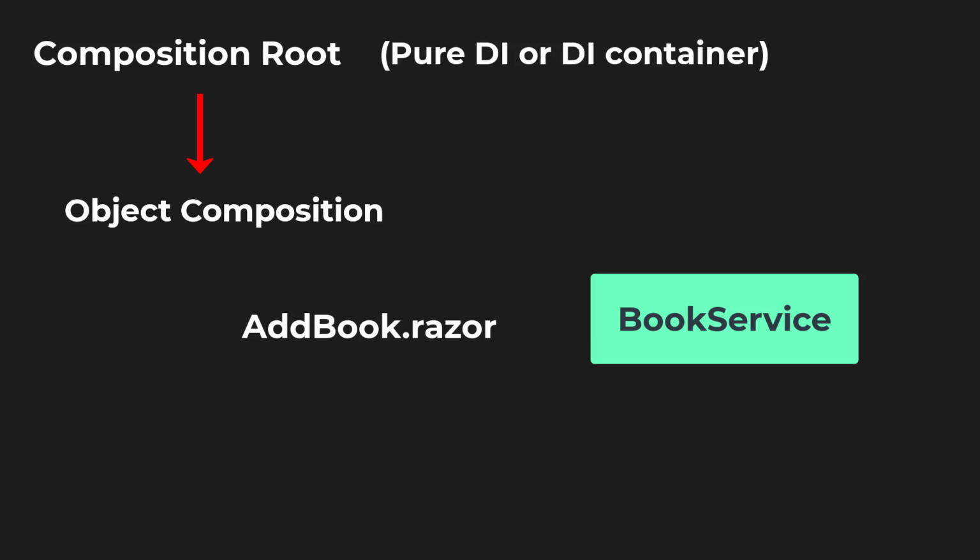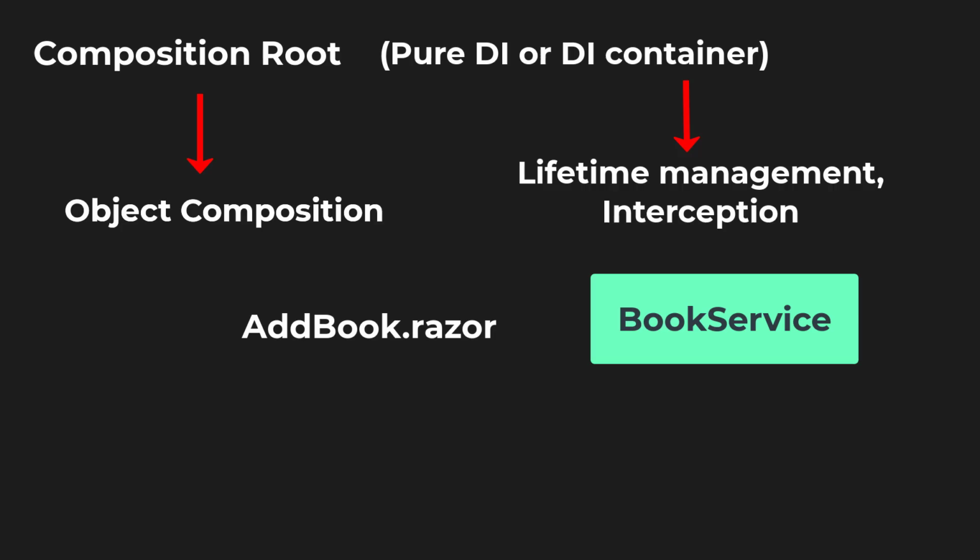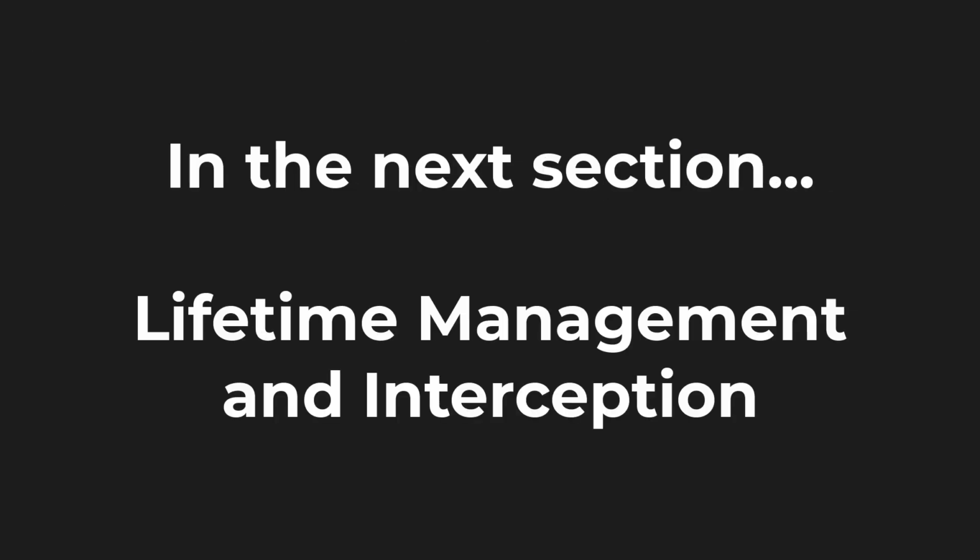Either using pure dependency injection, where we create instances of dependencies manually, or using a dependency injection container library, which takes care of object composition, lifetime management, and interception for us. In the next section, we will talk about the other 2 dimensions of dependency injection, which are lifetime management and interception.